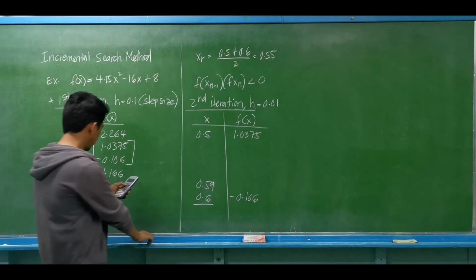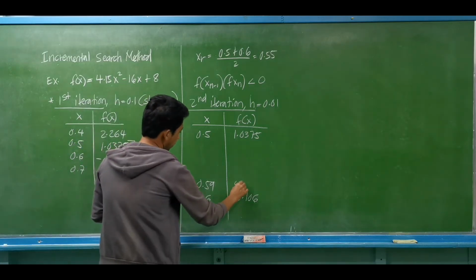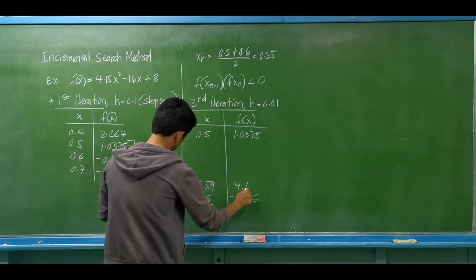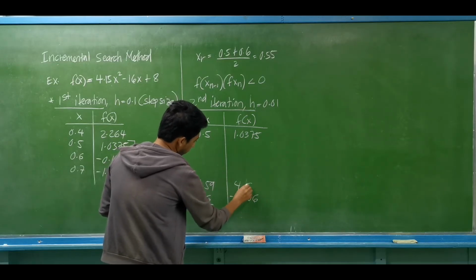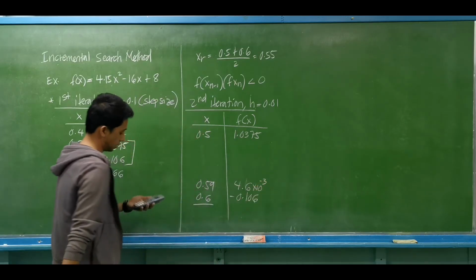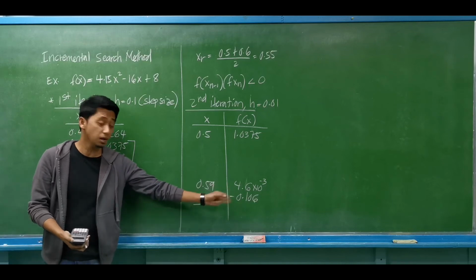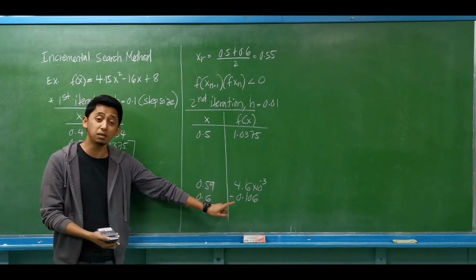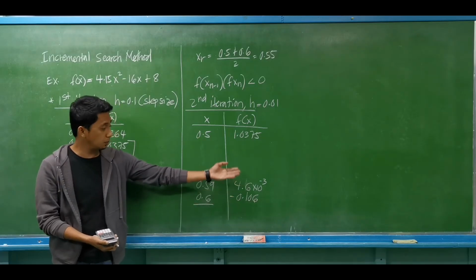At 0.59, we will be having a value of 4.6 times 10 raised to negative 3, and it is positive. As you can see, we may stop here since we now have the change in sign from positive to negative.